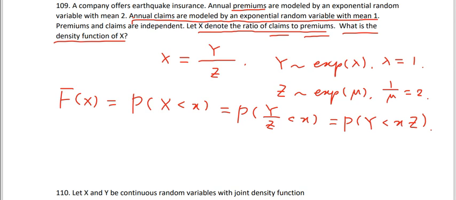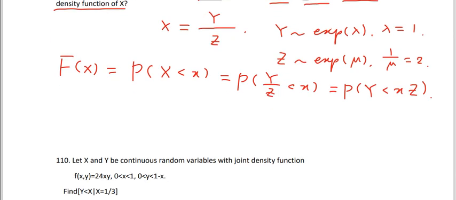Okay. So we want to find this probability. So for y and z, here's y, here's z, from 0 to infinity.